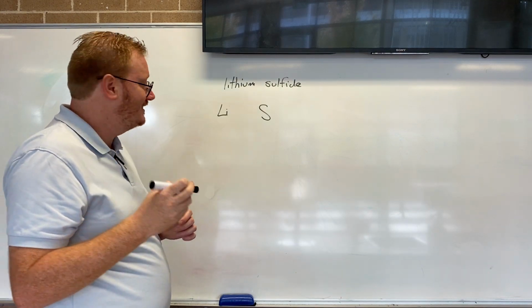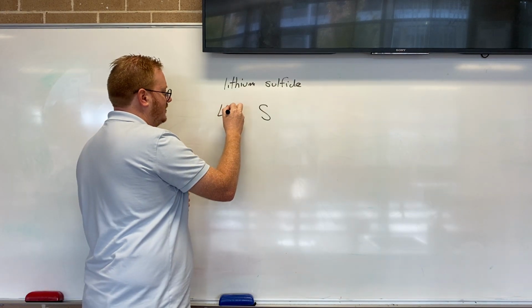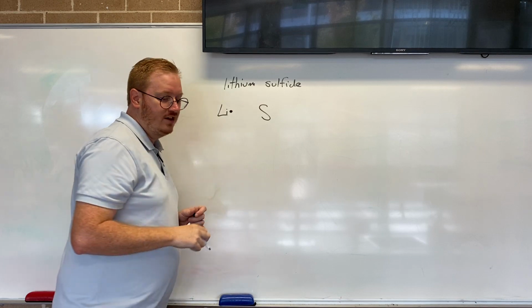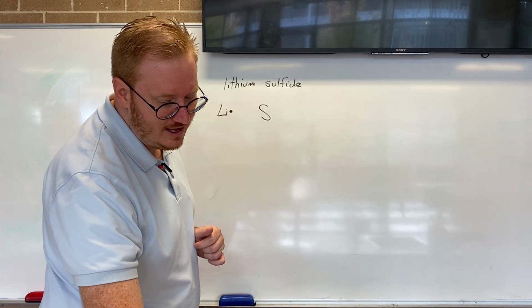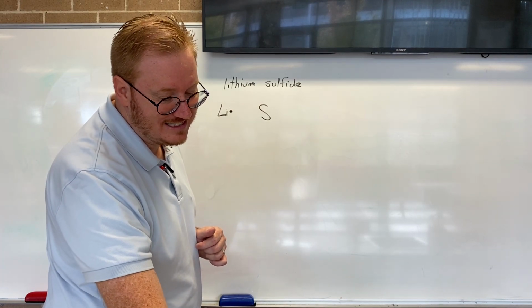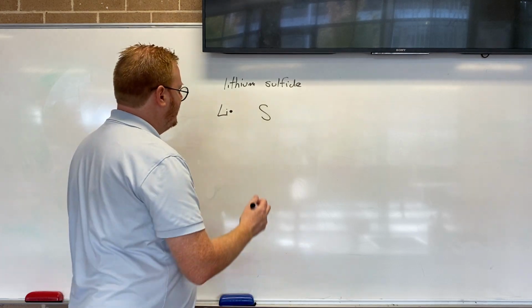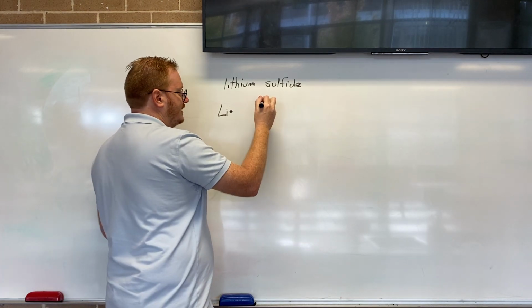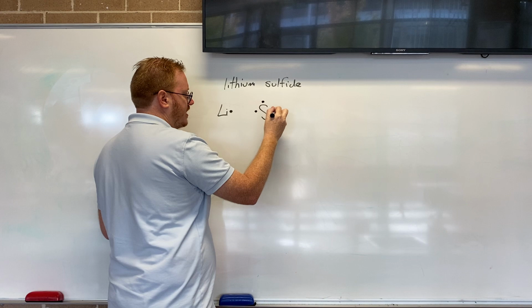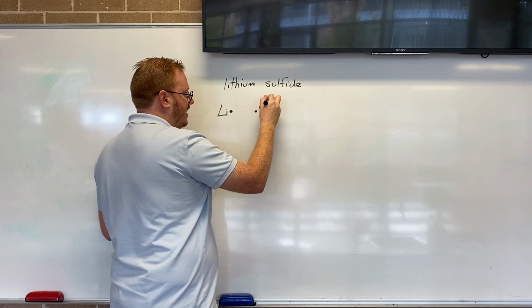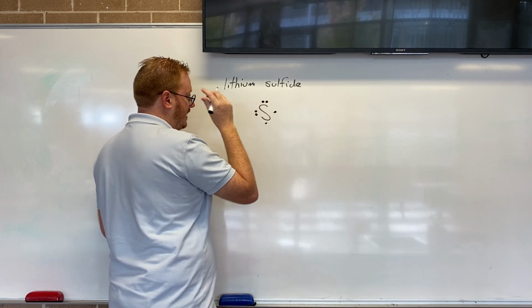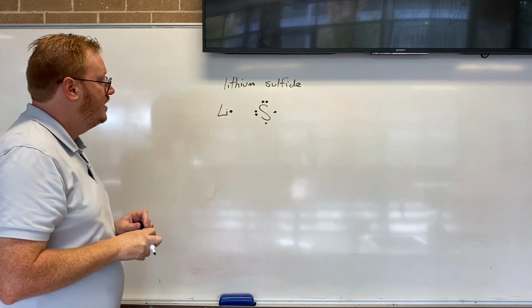Lithium, 1 valence electron. Going to do it there, nice clear dot. Sulfur has 6 valence electrons. Look at your periodic table. Distributing 1, 2, 3, 4, 5, 6. 2 pairs there. Okay.